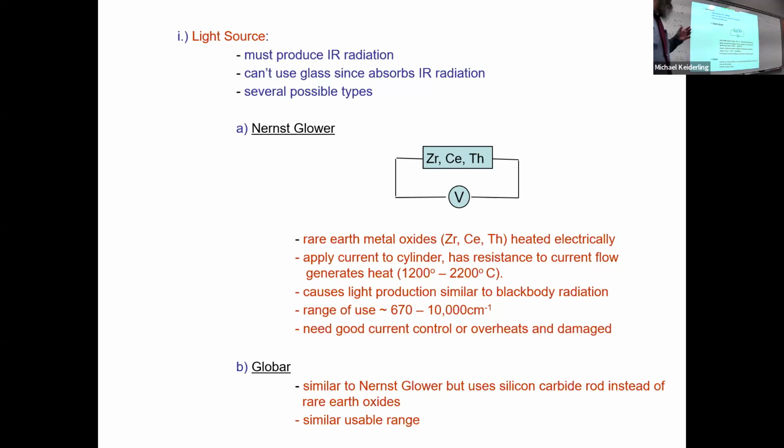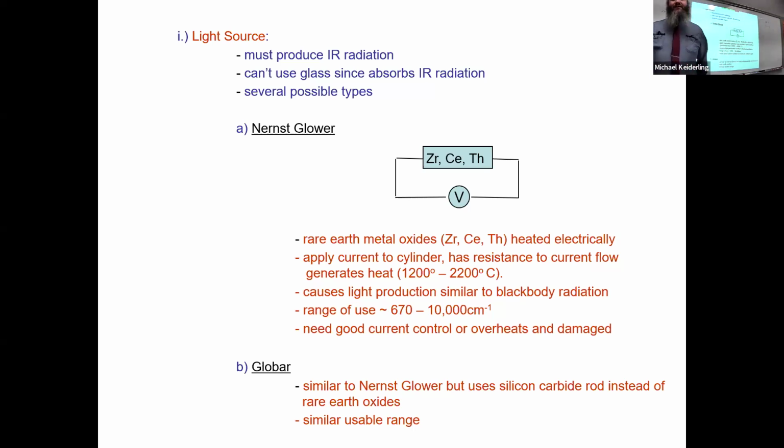And there are several possible types of light source you can use. One of these is a Nernst glower, made of rare earth metal oxides, zirconium, cerium, or thorium, that heat electrically. You apply current to a cylinder, it has a resistance to current flow. It gets hot, between about 1200 to 2200 degrees Celsius. This causes light production.